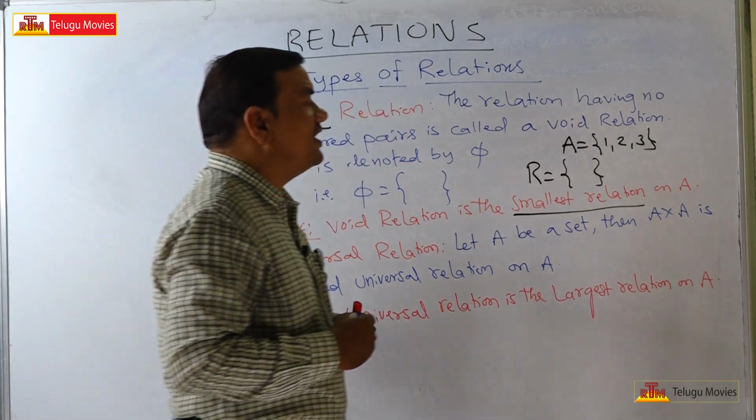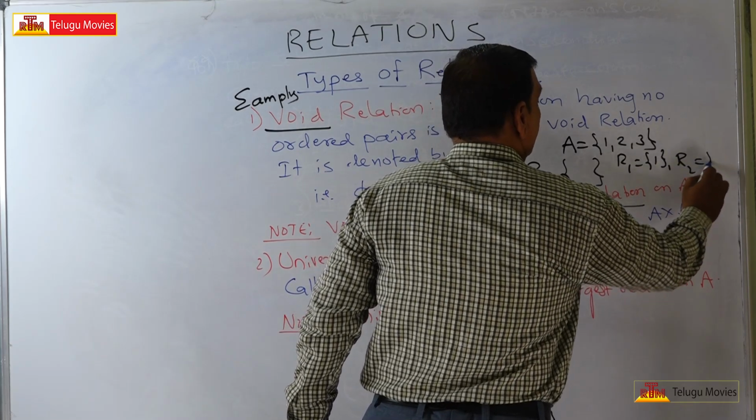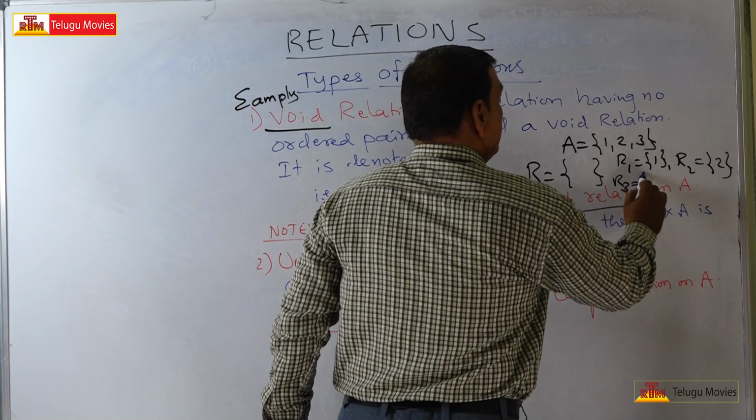On a set A, how many relations will we get? We have different types of relations.